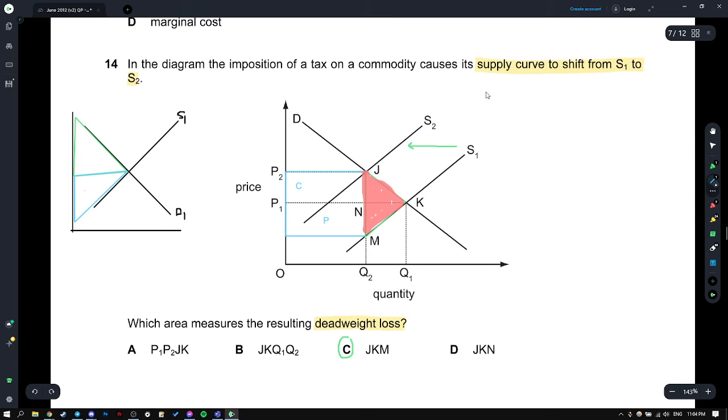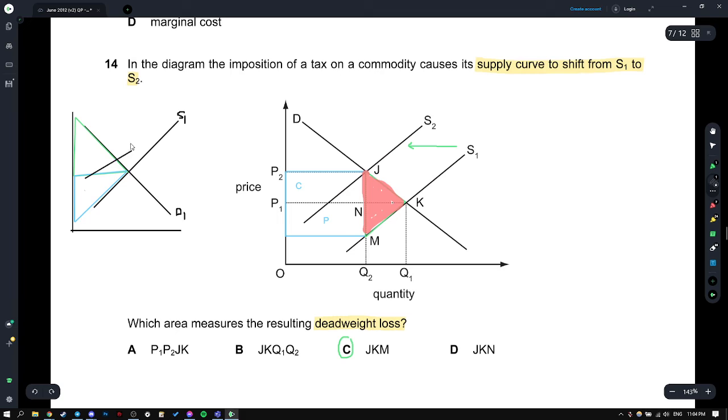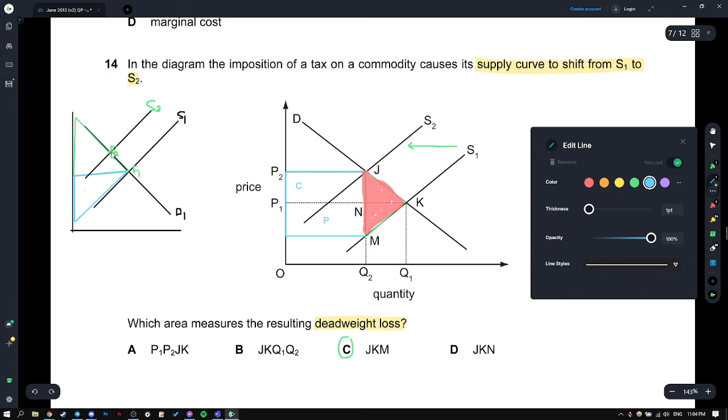However, as we know, when there's a tax imposed by a government, the supply curve will shift to the left, like so. So it creates a new supply curve, therefore creates a new equilibrium from E1 to E2 here, right? As we mentioned before, there's a tax burden on consumers and producers.